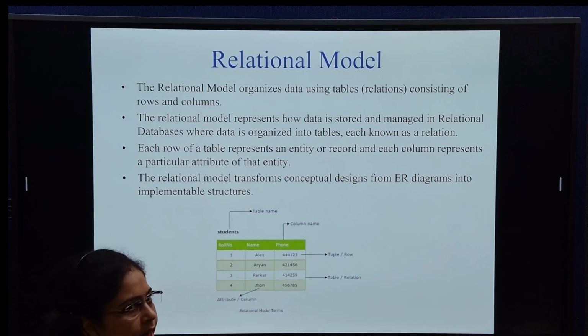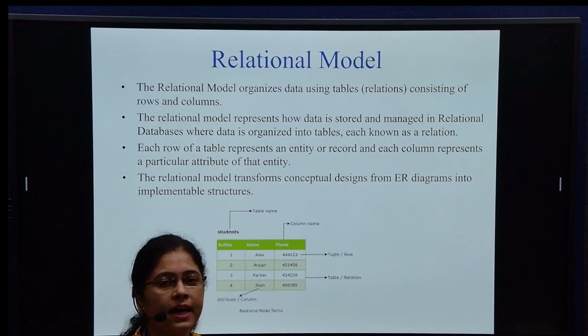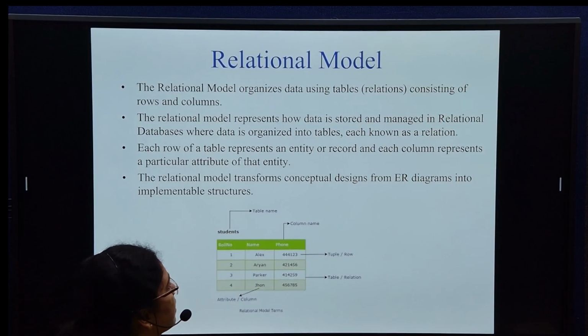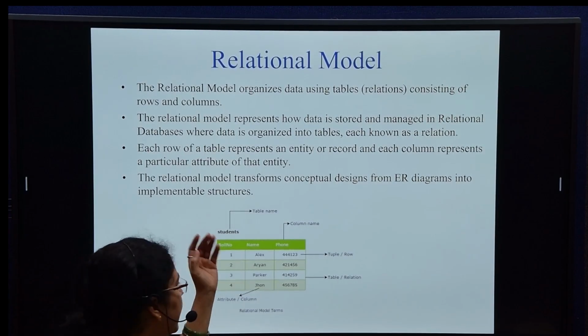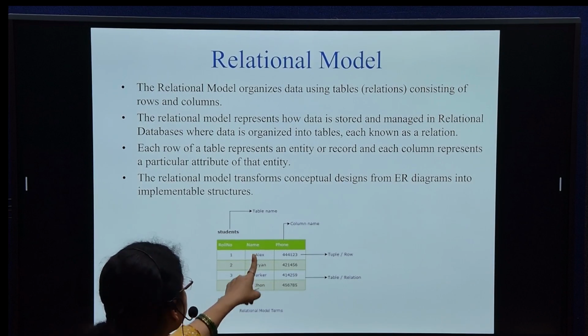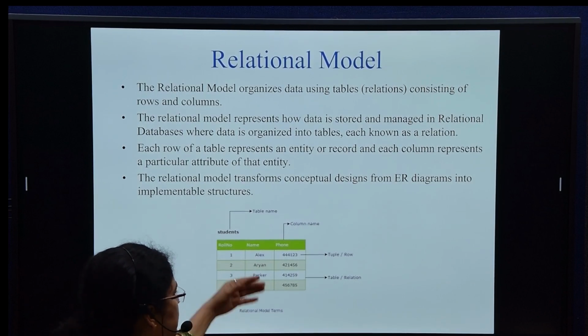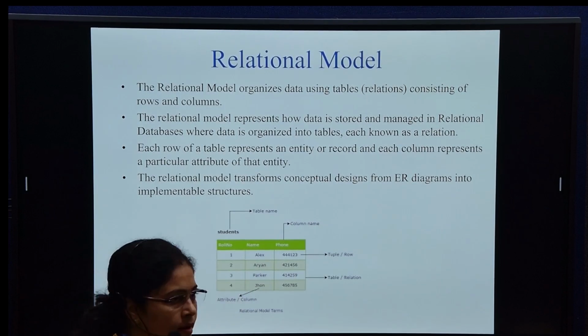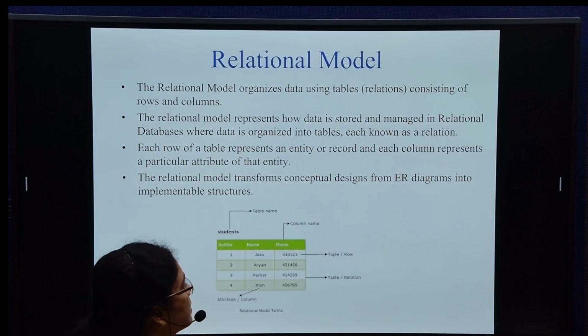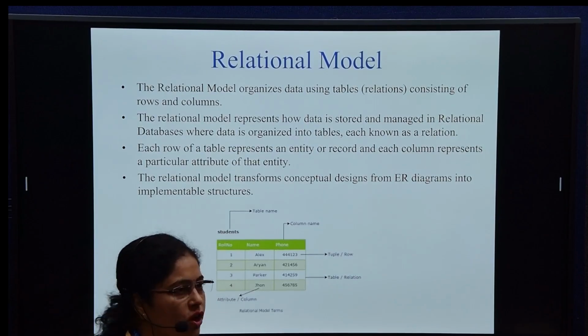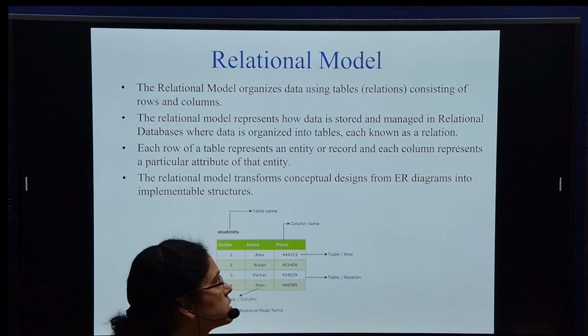Next is the relational model. The relational model organizes the data into tables consisting of rows and columns. It represents how data is stored and managed in a relational database, where data is organized into tables and rows.